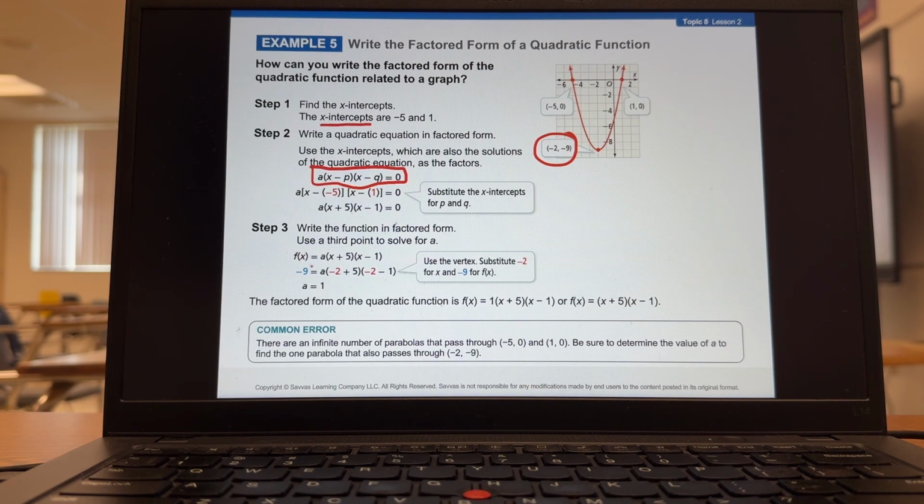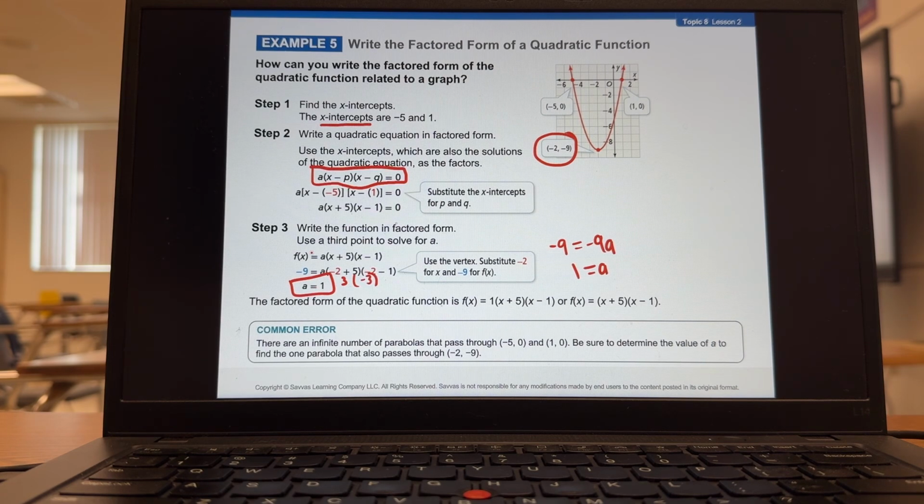So they replaced f of x with -9 equals a, what you're trying to find, times x plus 5, so -2 plus 5, which is 3, and then x minus 1, so -2 minus 1, which is -3. 3 times -3 is -9, so you end up having -9 equals -9a. When they divided -9 by itself, that's where they got that a is equal to 1.